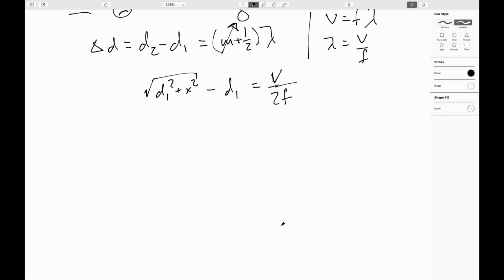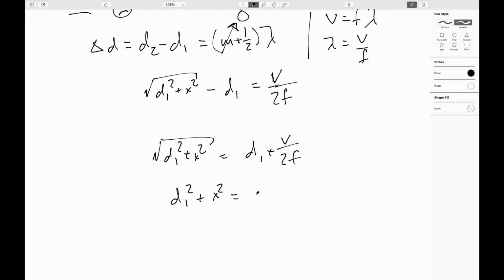So let's go ahead and do a little bit of algebra here and see if we can suss out what our x is going to be. The square root of D1 squared plus x squared will equal D1 plus v over 2f. We can square both sides. We'll get D1 squared plus x squared equals D1 plus v over 2f, squared.